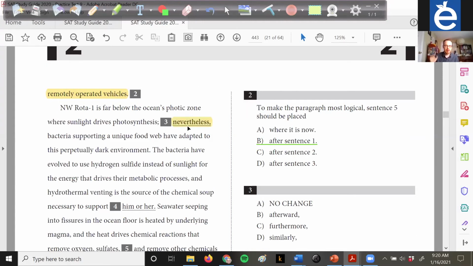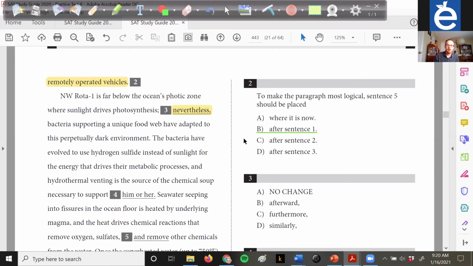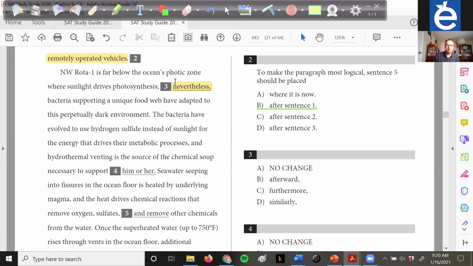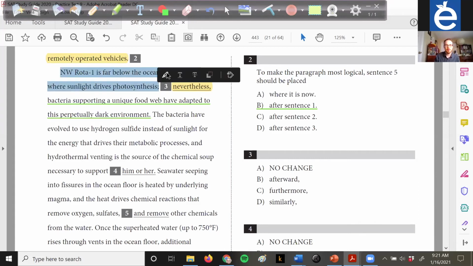And we're going to go into all these grammar ins and outs together. But "nevertheless" is transitioning by way of contrast. Bacteria supporting a unique food web have adapted to this perpetually dark environment. Should that contrast with this idea if we're using the word nevertheless?